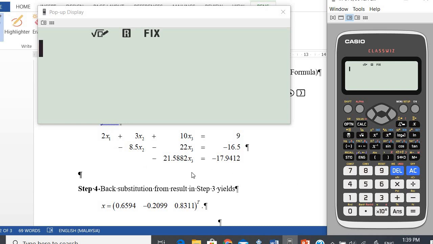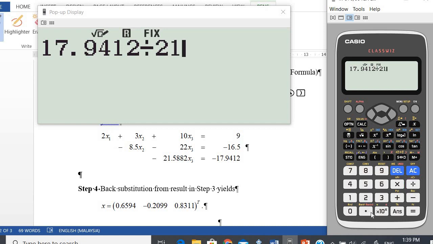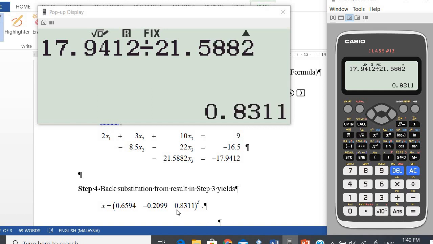Negative and negative cancel, so x3 will be 17.9412 divided by 21.5882. Where you get here, this is the x3. By plugging the x3 into equation 2, you can solve for x2. Lastly, plug in the x3 and x2, then you can solve for x1 here.